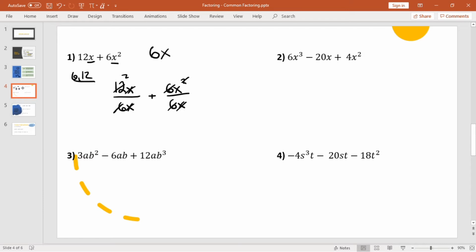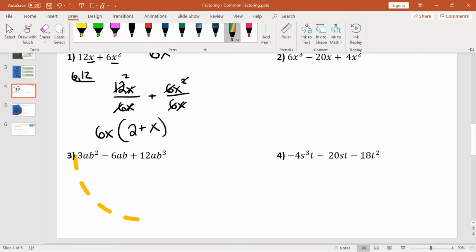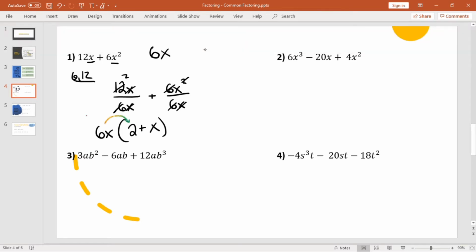So I'll make a statement that is 2 plus x, and you put the thing that is your divisor out in front. How can you check if you did it right? Go the other way. If I factor this correctly, when I distribute, I should get back up to 12x plus 6x squared.